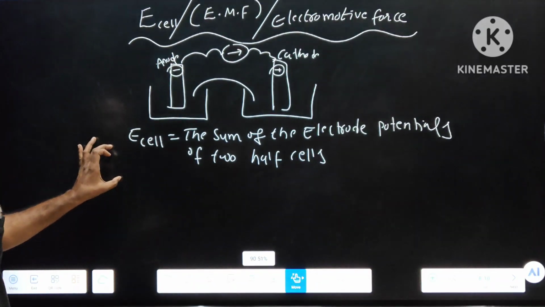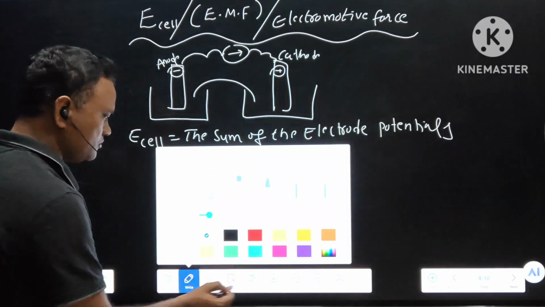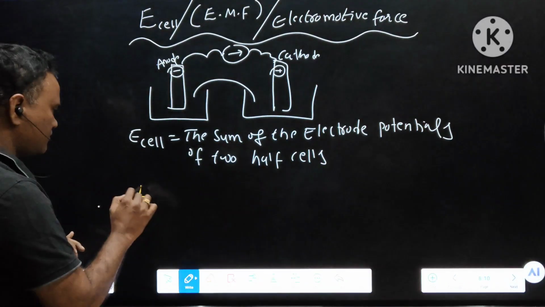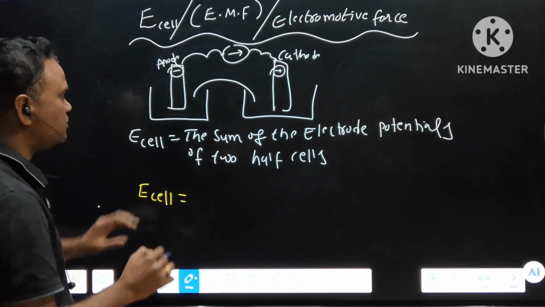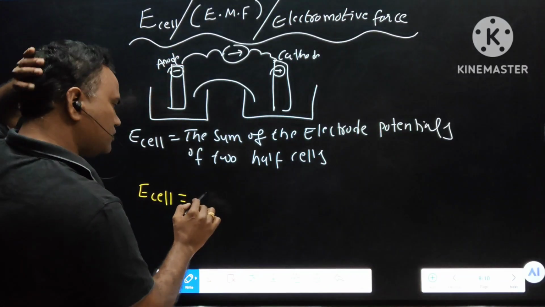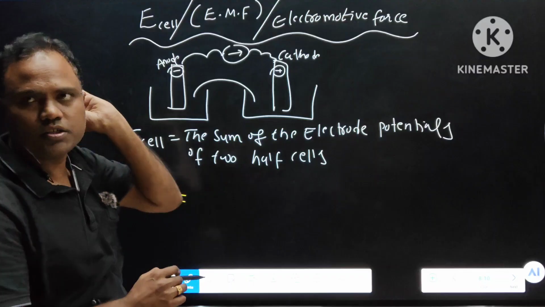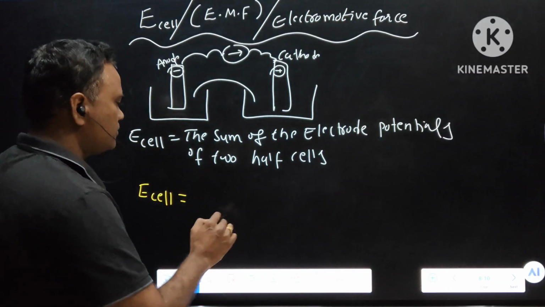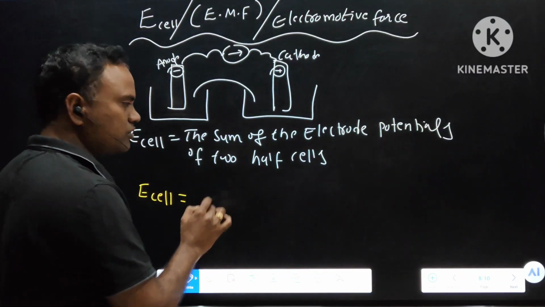Now, E cell is equal to, see, at the anode which reaction takes place, oxidation or reduction?